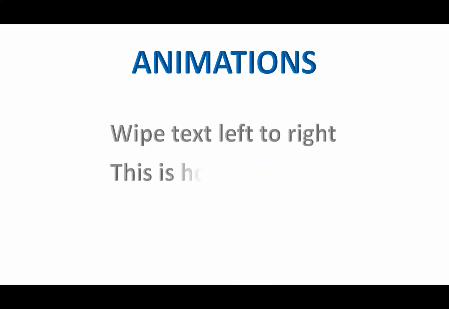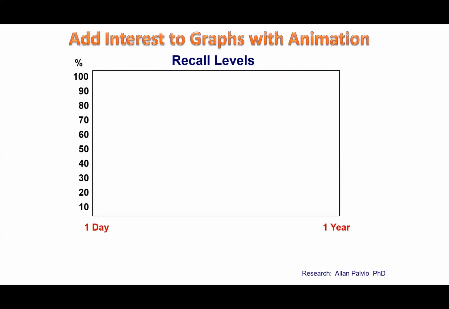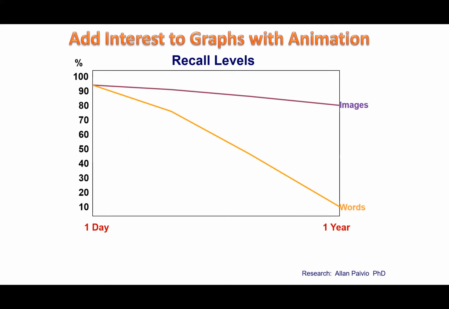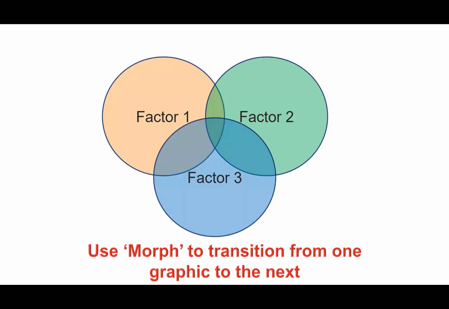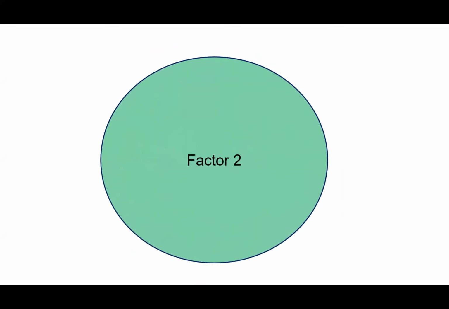With text, you can wipe it from left to right because this is how people read. Animating parts of a graph can draw attention and add interest. If you copy one graphic from one slide to the next, using morph can make the slides seem more connected.